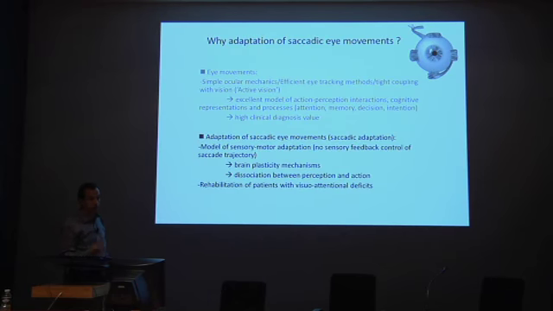So in order to produce accurate saccades, we really need to calibrate precisely the motor commands sent to the muscles. And in addition to the potential to study brain plasticity mechanisms, saccadic adaptation also is a very nice tool to dissociate perception from action. And hopefully it will also provide some new solutions to take care of patients with visual attentional deficits.